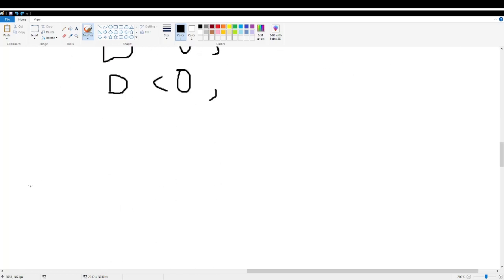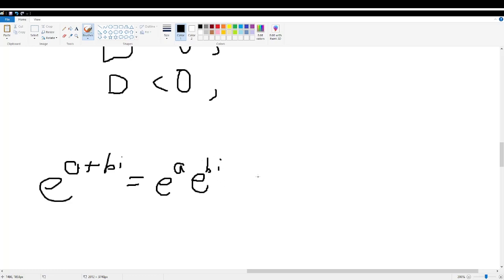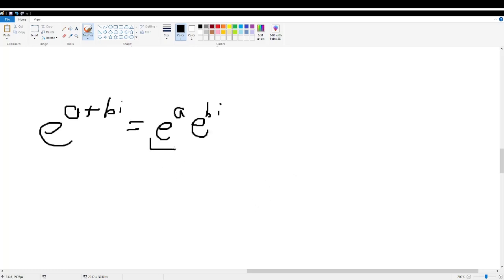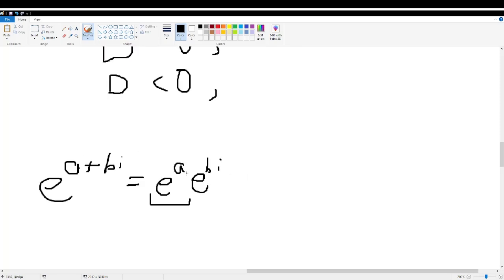If we take a look at e to the a plus bi, what we really get is e to the a times e to the bi. We know e to the bi expands to cosine theta plus i sine theta, so e to the a is just a real number multiple, or a real number scalar, of those cosine and sine functions of that wave.